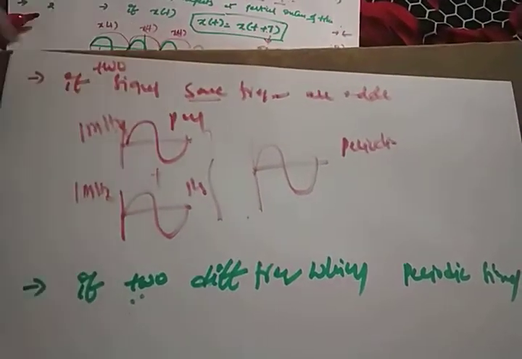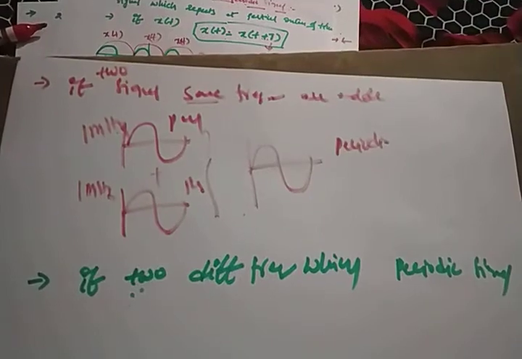So what are those conditions? The note is: if two periodic signals with the same frequency are added, the resultant will be a periodic signal. If two signals of different frequencies are added, the resultant may or may not be a periodic signal. So this is about periodic and aperiodic signals.